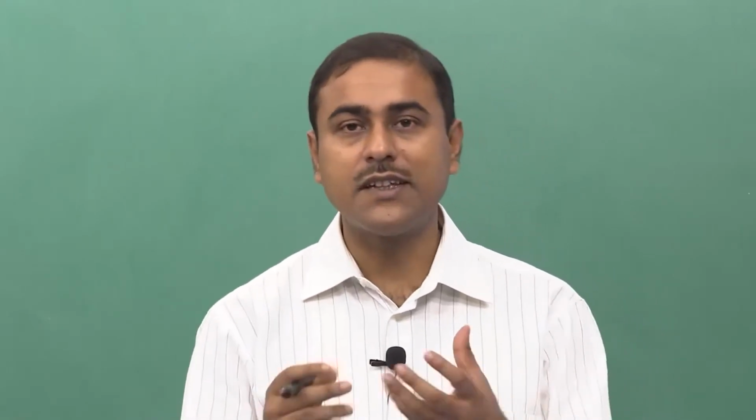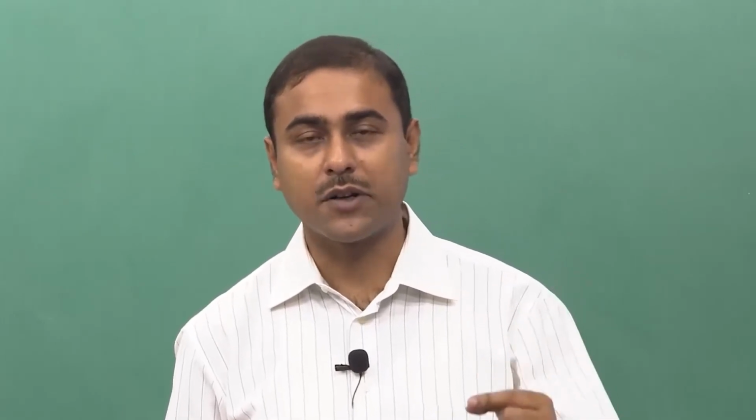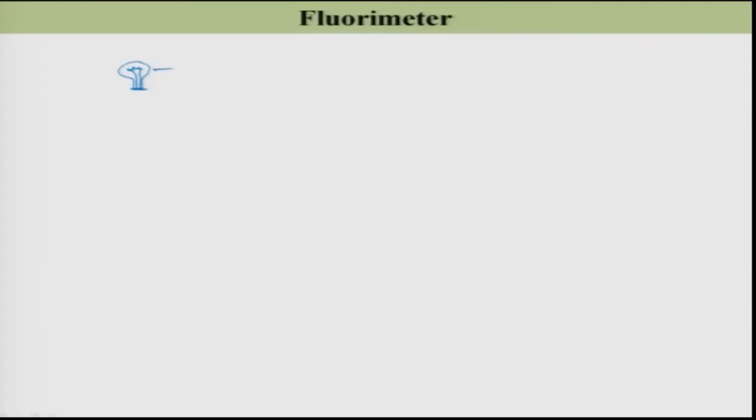However, you need to select your excitation wavelength precisely, isn't it? If you want to excite at 450 nanometer, or 500 nanometer, or 515 nanometer, you need a wavelength selector, which I already discussed during the discussion of the spectrophotometer. So you need a monochromator over here, placed just after the lamp.